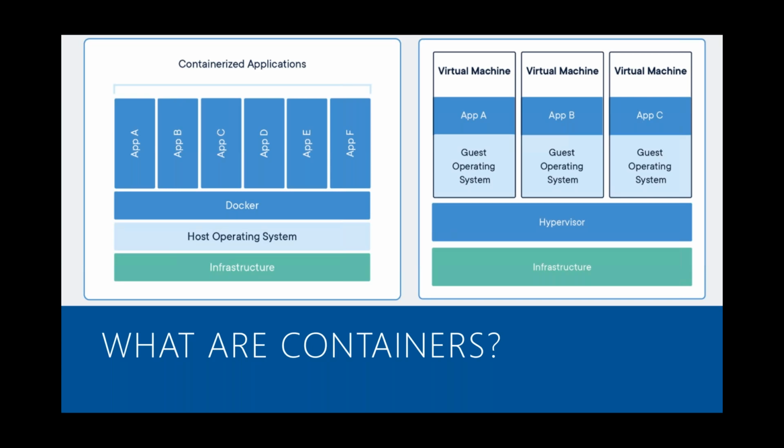On the left side, you'll see the containerized applications are actually running through what's called Docker. So Docker containers are very portable. One of the benefits of them is that they can be hosted in many different platforms. And so you're kind of moving away from the operating system dependency when you're moving into containers.